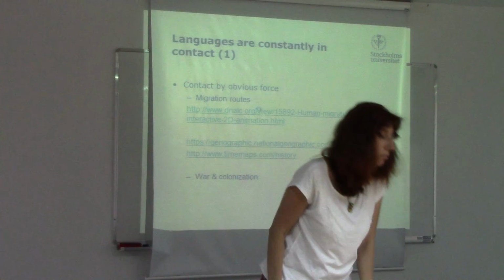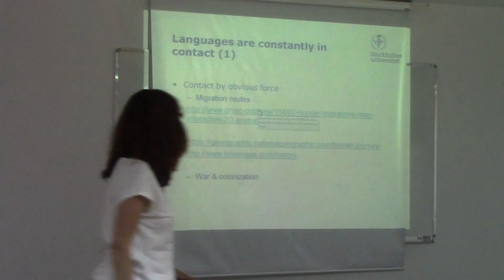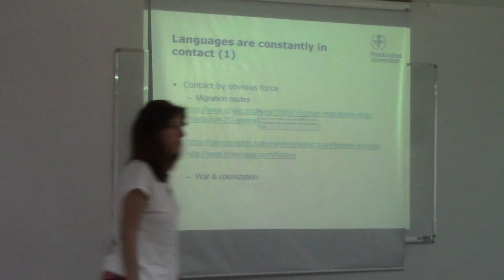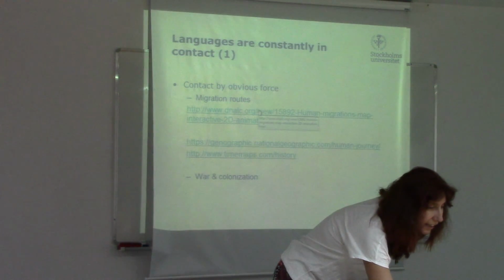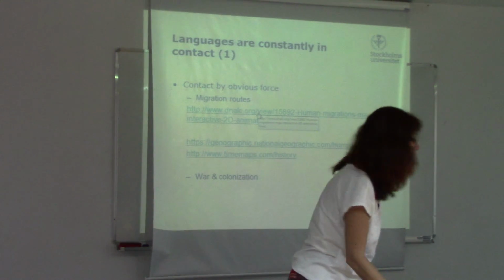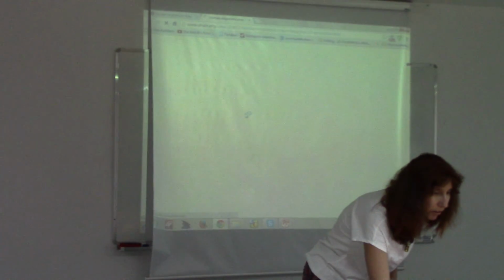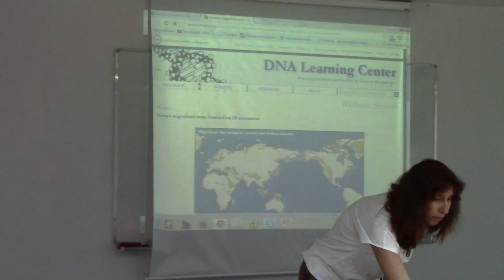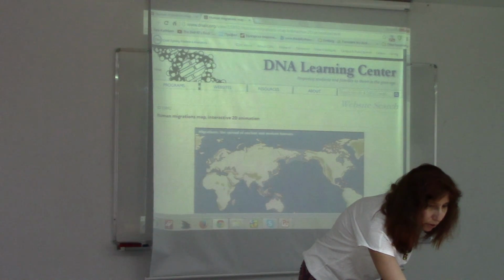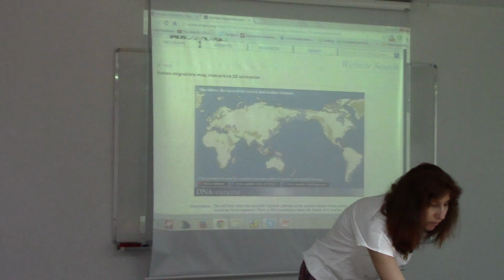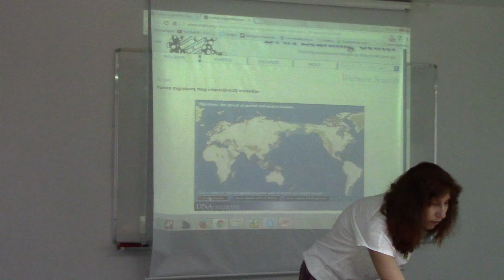So something that probably involved least force, let me see if this will work, because it's a nice animation. If it doesn't work, you can go look at it. This is a nice animation of the wanderings and migrations of the first humans. I've given the URL on the slide.